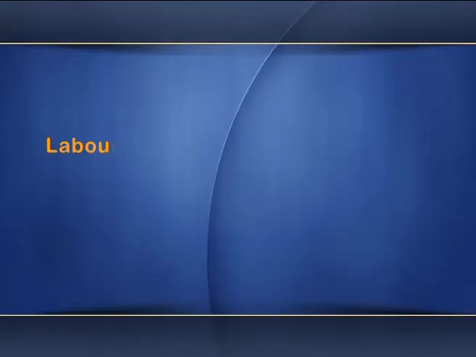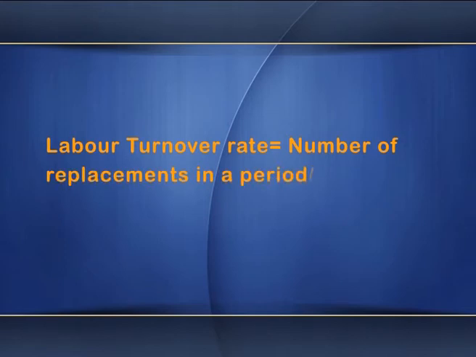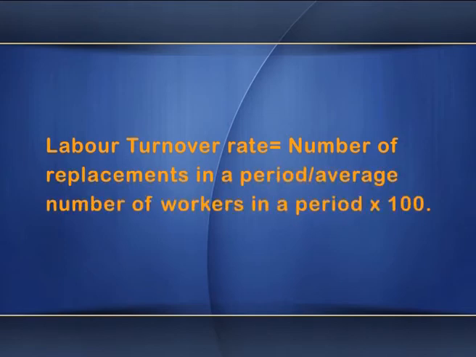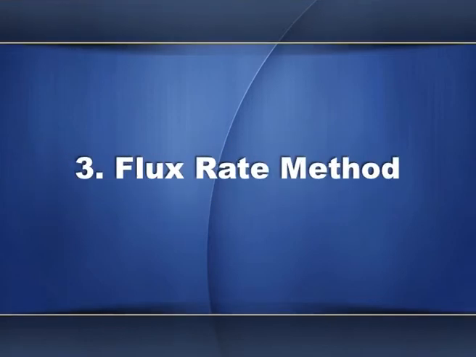In this method, if the workers are employed because of expansion of the business, they are not included. Labor turnover rate is equal to number of replacements in a period divided by the average number of workers in a period, into 100.